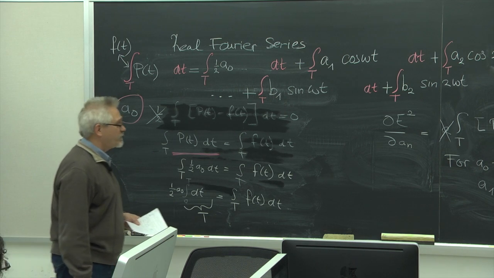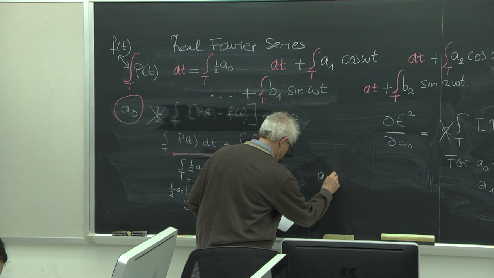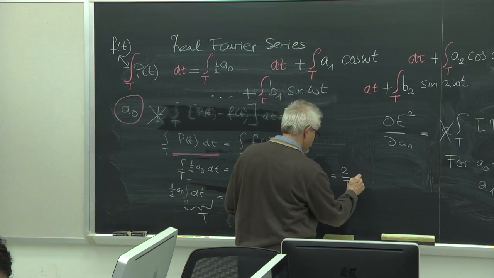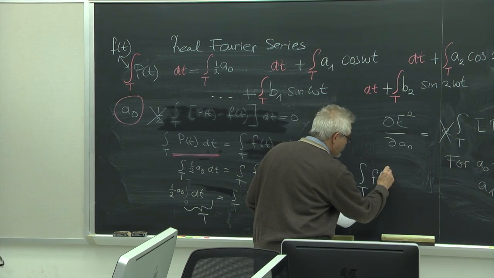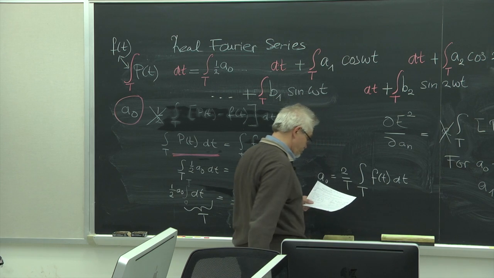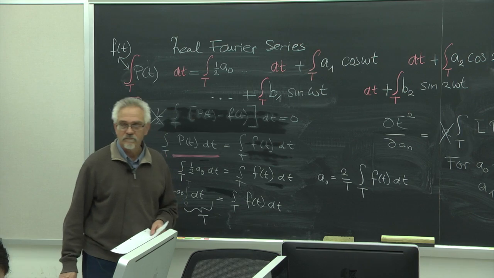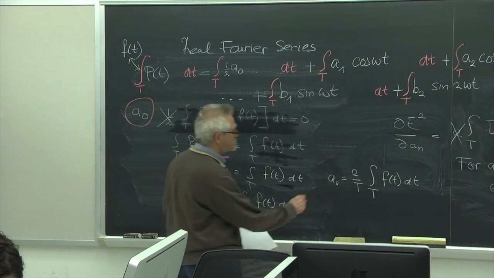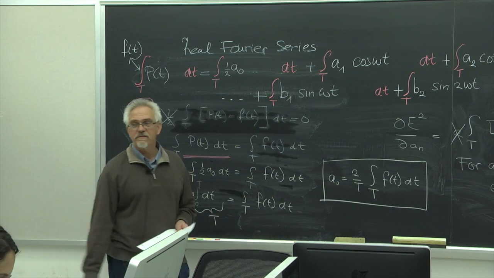And then with a little bit of algebra, I find that a naught is 2 over T times the integral of f(t) dt. So that's what I get out of this.